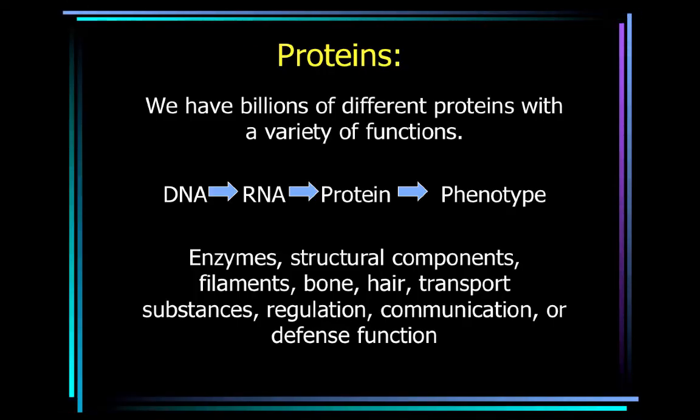All right, so chapter 15 is all about making proteins. And proteins are really important for a lot of different reasons. Proteins can be in the form of enzymes, they can be in the form of structural components like collagen or bone or hair. They are also really important for transporting substances in our bodies.